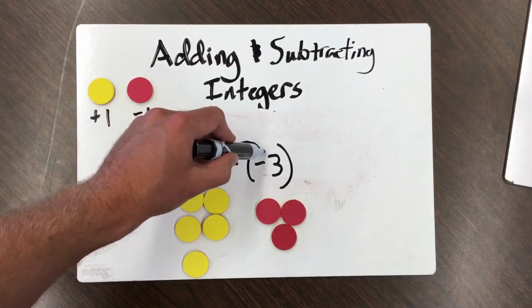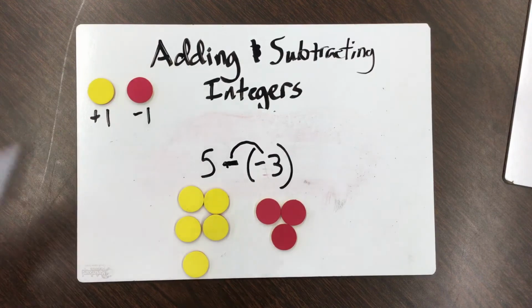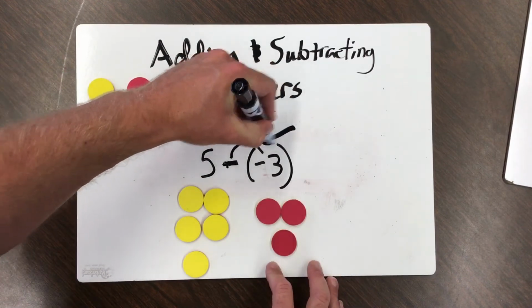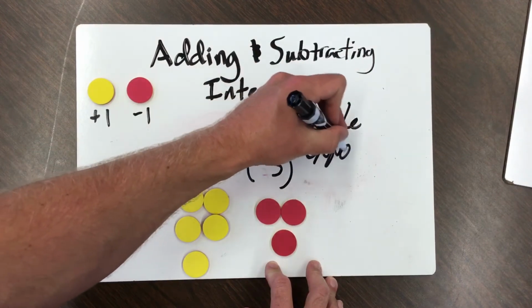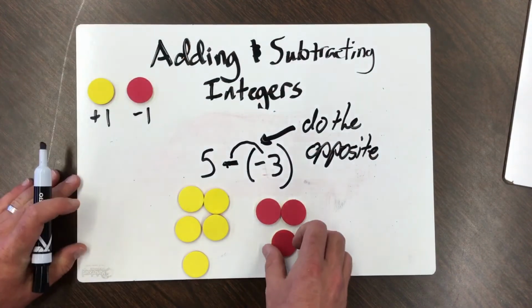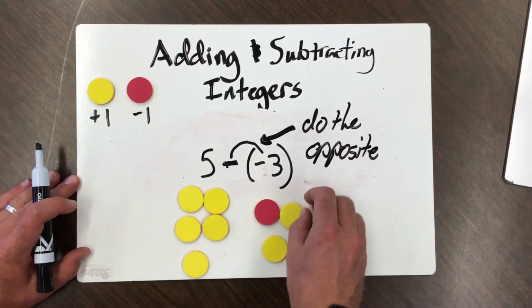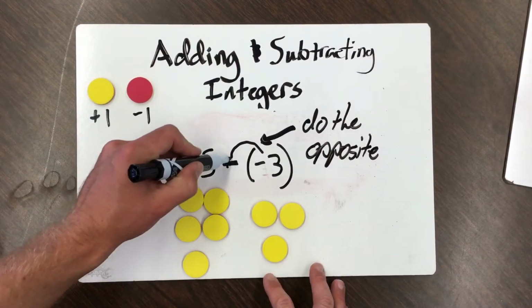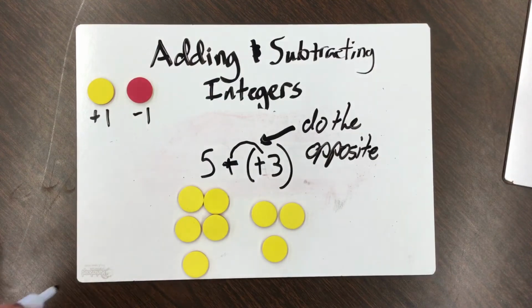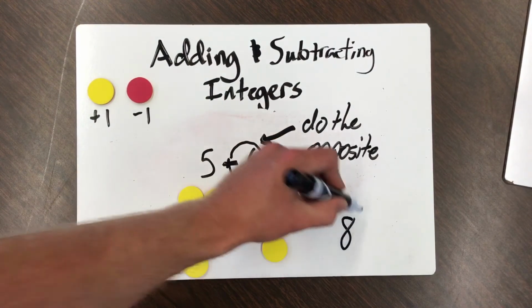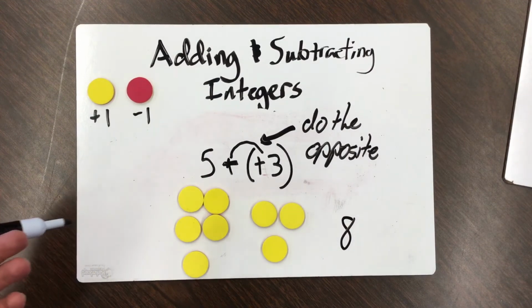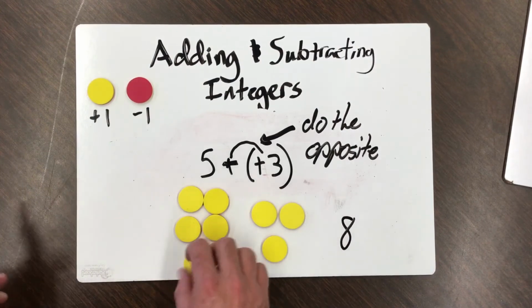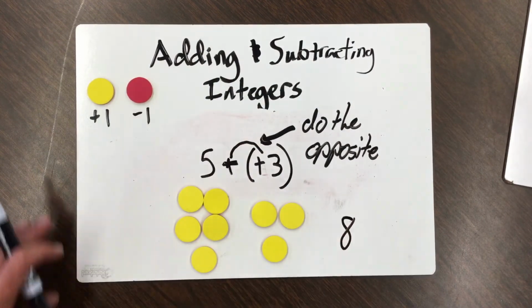And so when we combine these together, subtracting -3, we have to do the opposite. So that means we have to flip this over to make this plus +3, and that gives us 8 as our answer. And so again, that's what kind of confuses a lot of people. When you have back-to-back negatives, it becomes positive. And it all has to do with the fact that negative signs mean do the opposite.